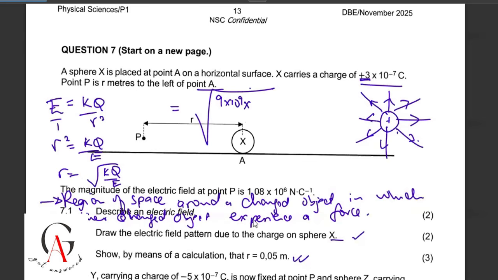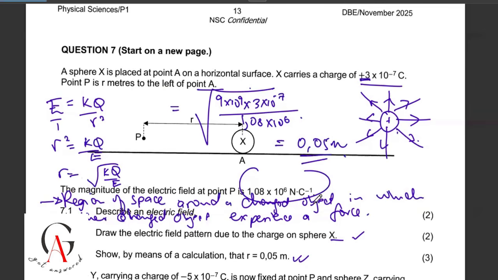The charge is 3 times 10 to the negative 7 divided by the E, which is 1,08 times 10 to the 6. So if I just punch this into the calculator, it gives me 0,05 meters. Okay.